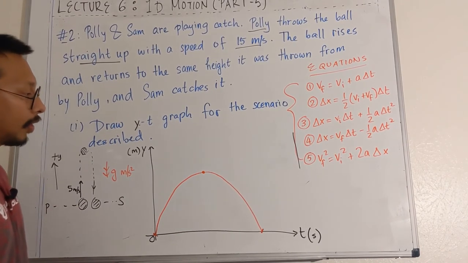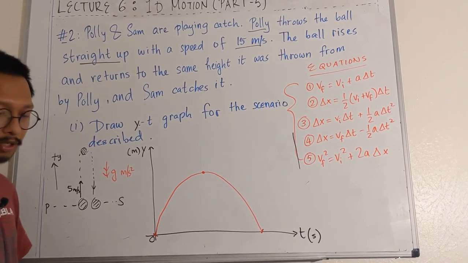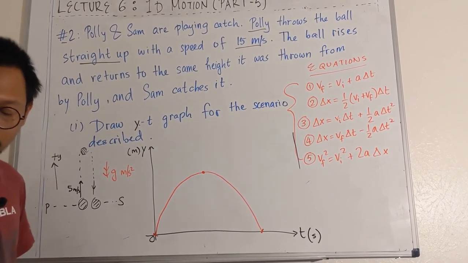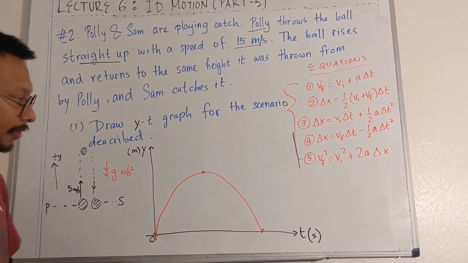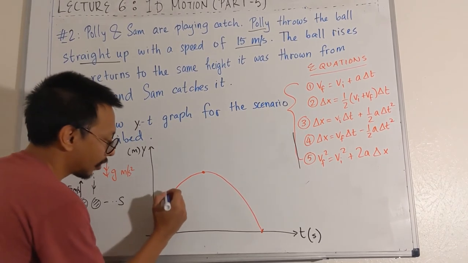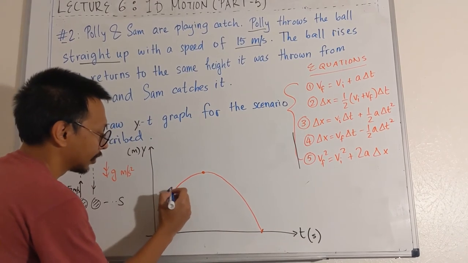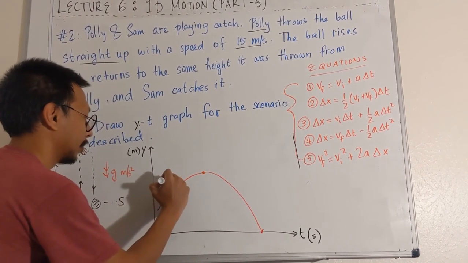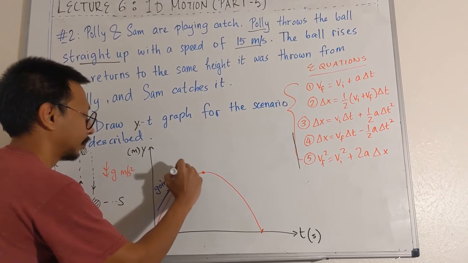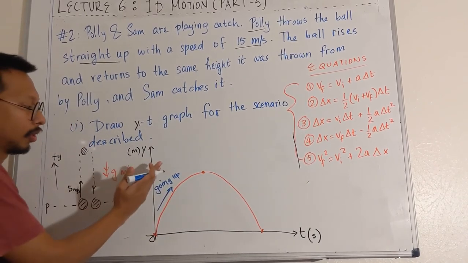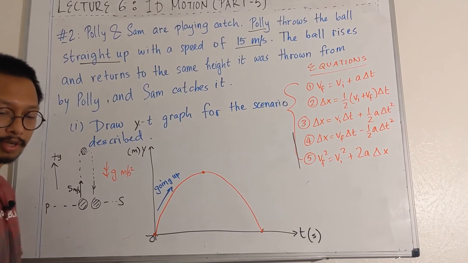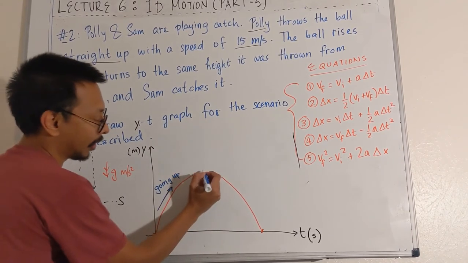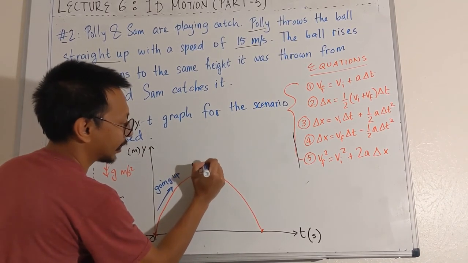Now, if we want to note some important features of this graph, we can write down some specifics. So this part of the motion is the ball going up. Okay, so the tangent at each point is flattening out as gravity accelerates it downwards. At this point is maximum height.